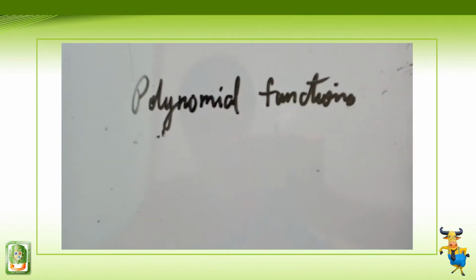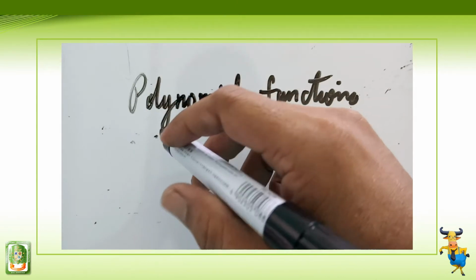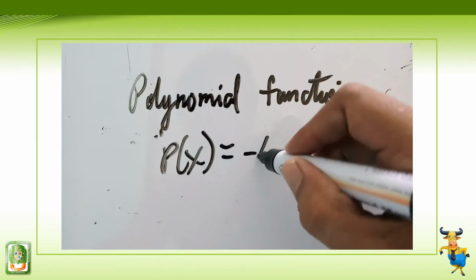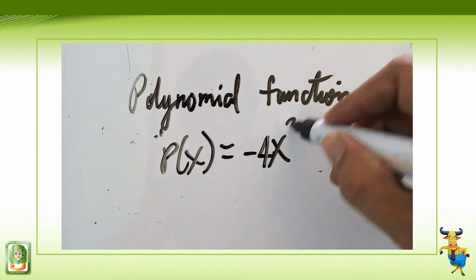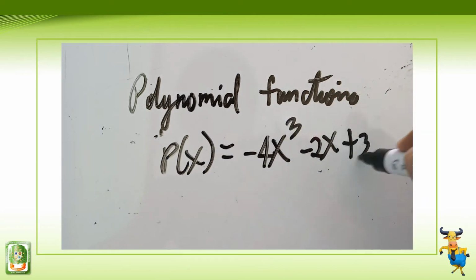Okay class, bibigyan ko kayo ng mga example ng polynomial function. For example, number 1: p of x is equal to negative 4x raised to 3 minus 2x plus 3.